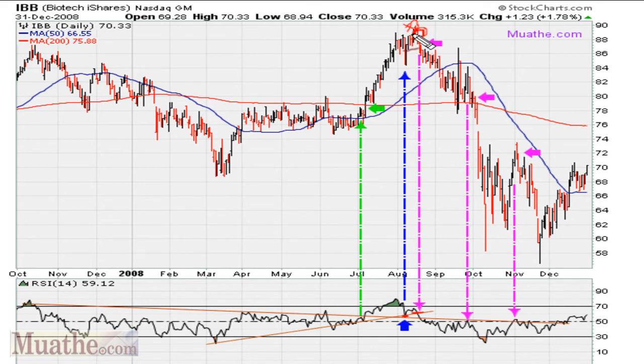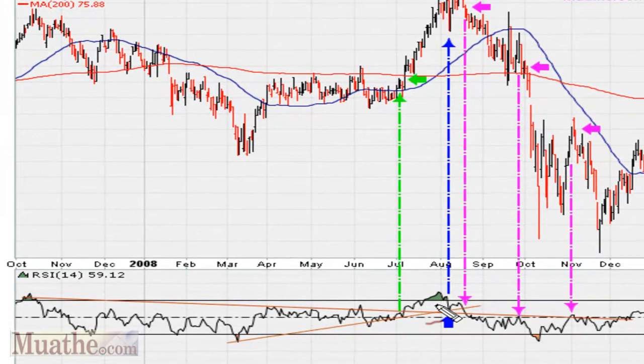So that would have been the best time to sell the stock because it broke down below that lower wave cancellation wedge line.